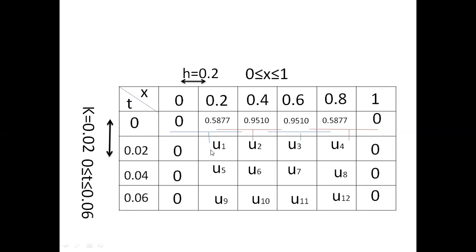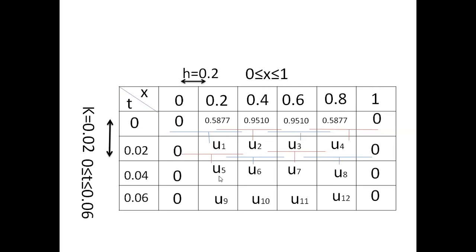After finding out u1, u2, u3, u4, we know these values. Then we go for calculating the values of u5, u6, u7, u8. Yes. So how to get that? This is the left term for u5, the right term, and this is the middle term. So we have to find this value from this.